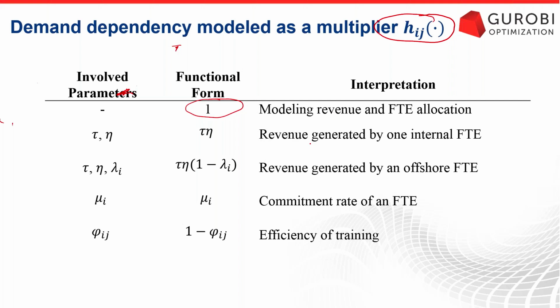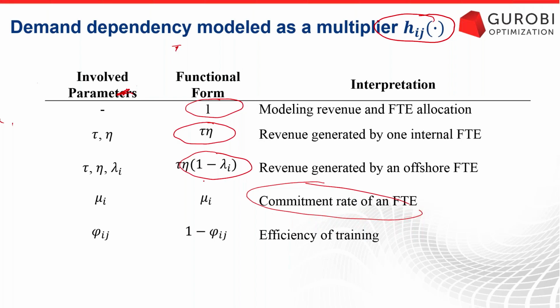Now when we want to describe the revenue generated by one internal FTE, the multiplier becomes tau multiplied by eta. Recall tau is the productivity per FTE, and eta is the number of working days in the planning horizon. Now for offshore FTE, we need to factor in the risk factor of offshore operation, lambda.